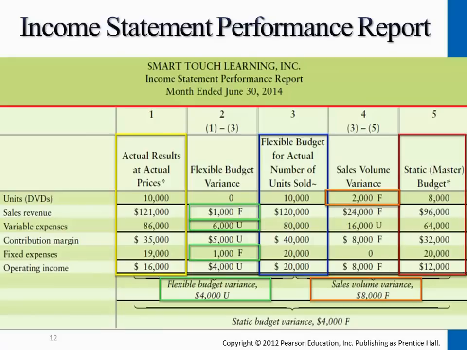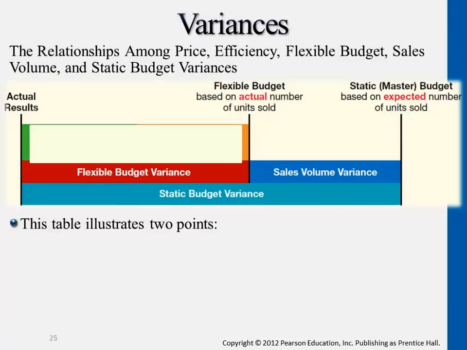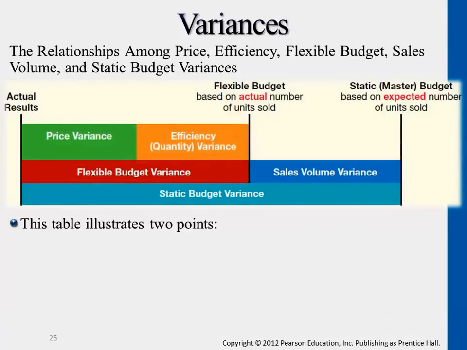Later in this chapter, based on these differences, we further break it down into price variances and efficiency variances. This goes back to what we covered in the first three chapters. Remember the categories of production cost: direct materials, direct labor, and also indirect material, indirect labor, and manufacturing overhead.